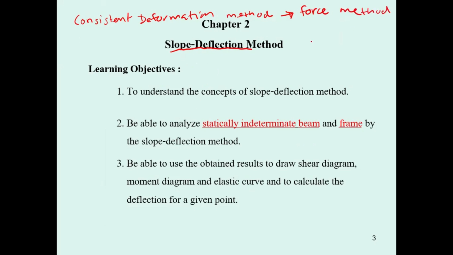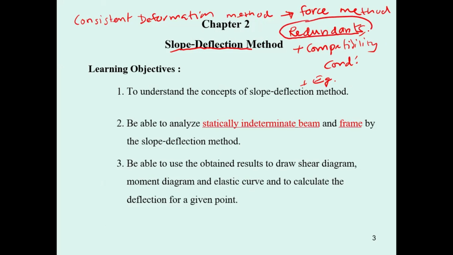Again, we use the so-called redundant in the analysis of the consistent deformation method, and then combine it with the so-called compatibility condition and also the equations of equilibrium, we can solve for these unknowns.